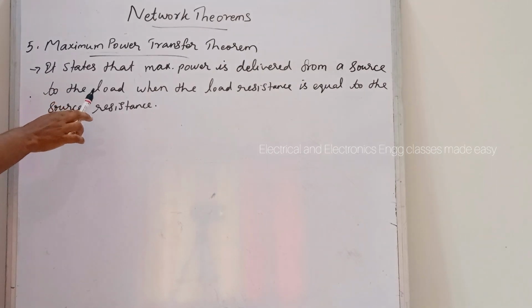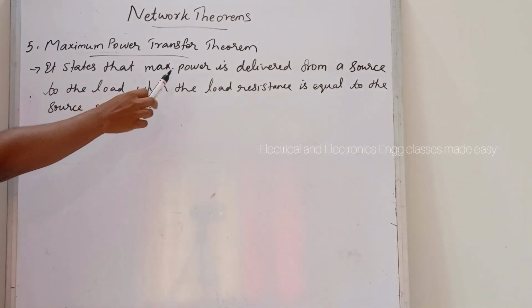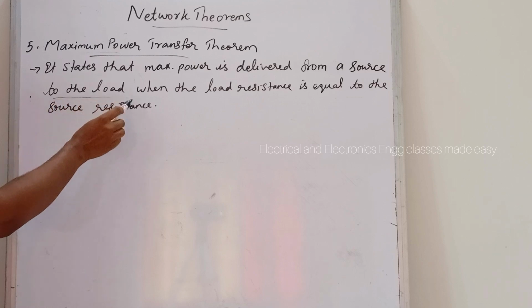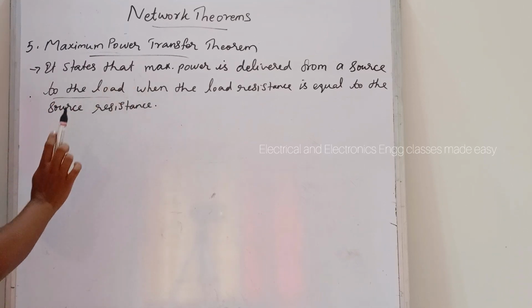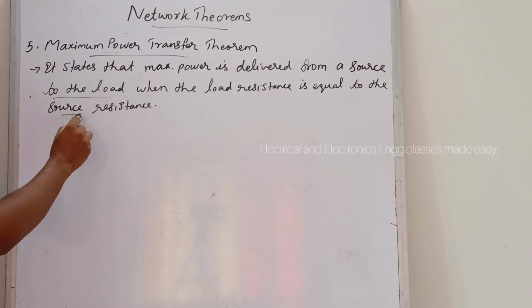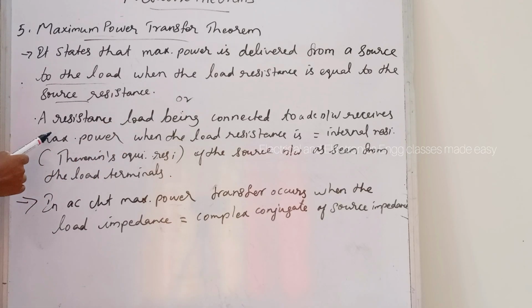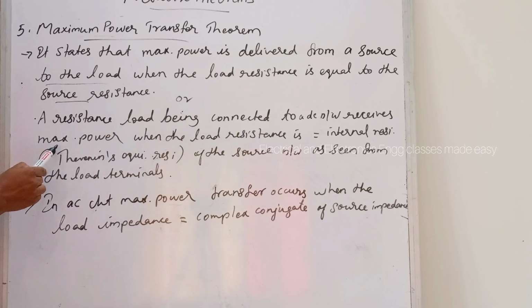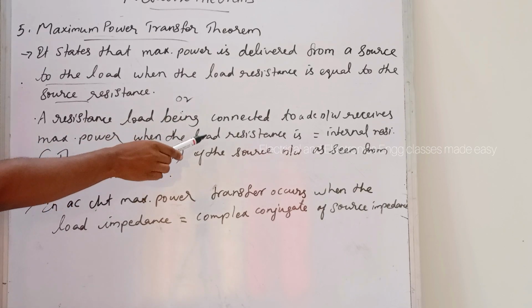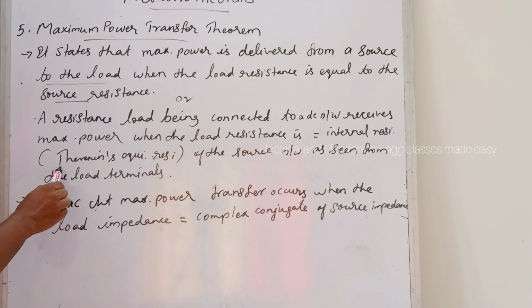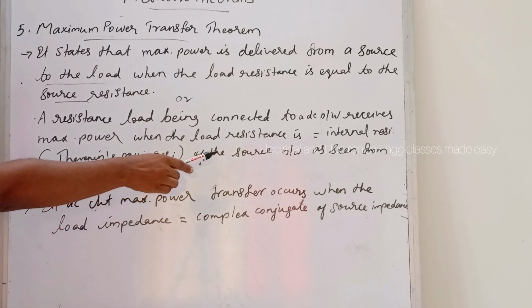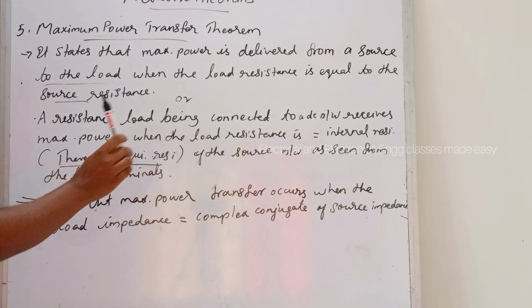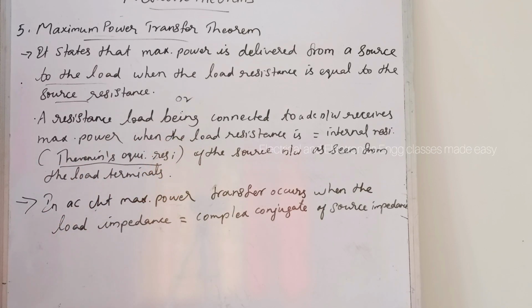It states that maximum power is delivered from a source to the load when the load resistance is equal to the source resistance. Or we can say a resistive load connected to a DC network receives maximum power when the load resistance is equal to the internal resistance, or the Thevenin's equivalent resistance, of the source network as seen from the load terminals.